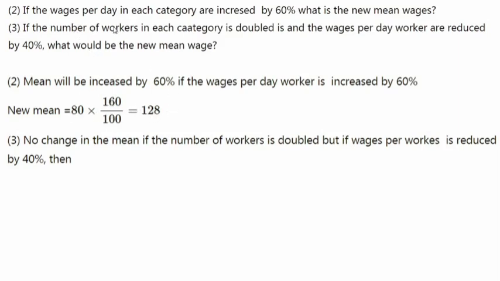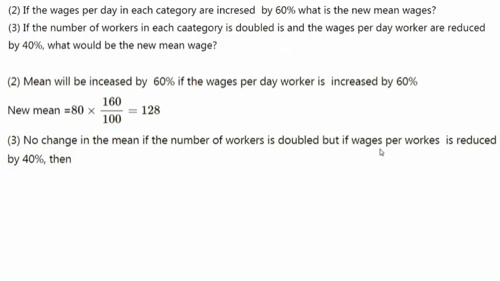Now if the number of workers in each category is doubled, and the wages per day are reduced by 40%, what would be the new mean wage? The number of workers doesn't matter, all of you know that, but the reduction in wages matters.